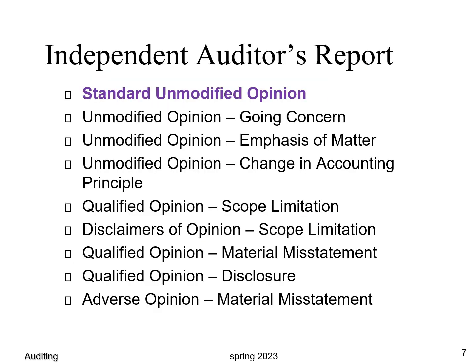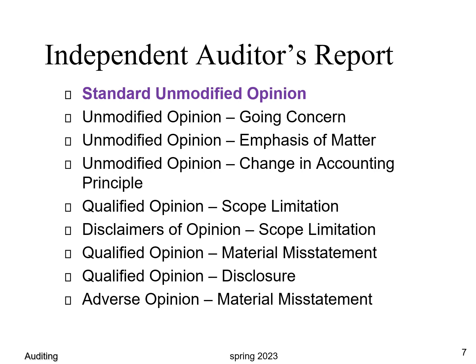In the handout, there's a whole bunch of independent auditor's reports. You want to focus on the standard unmodified opinion and learn what's in it. If you think about what it says, then it will make sense when you need to modify your opinion.